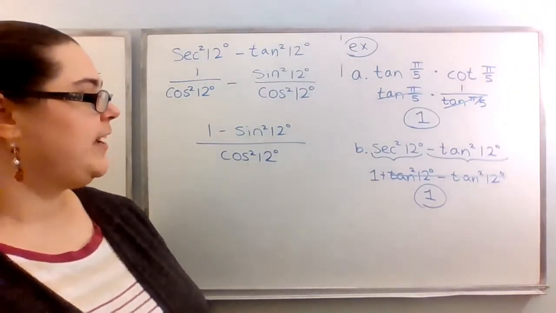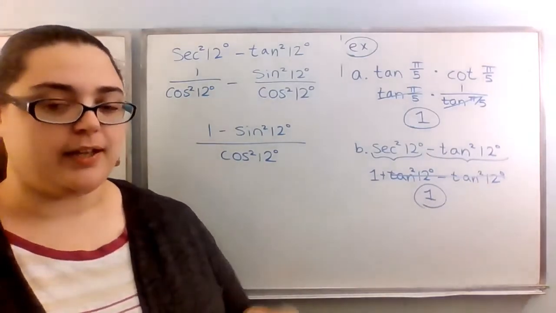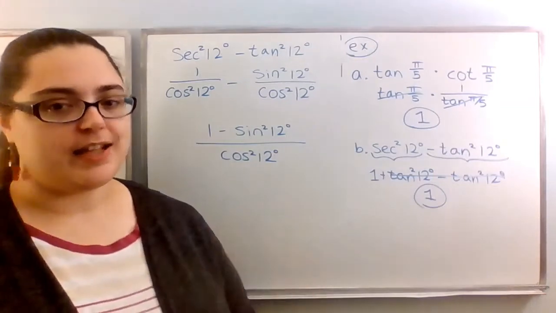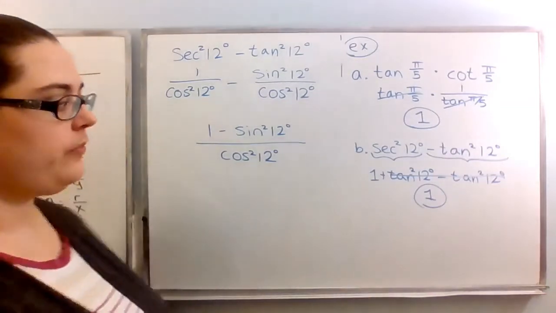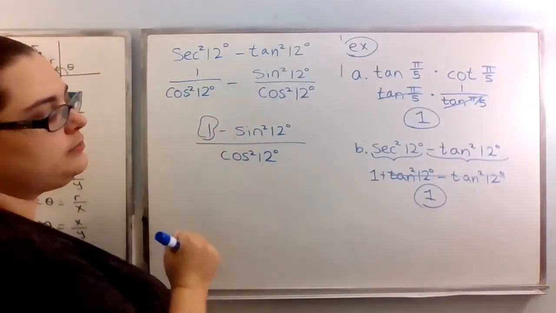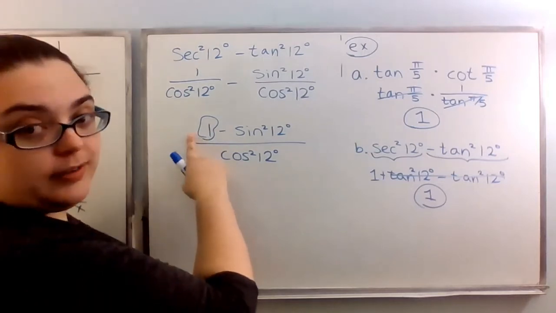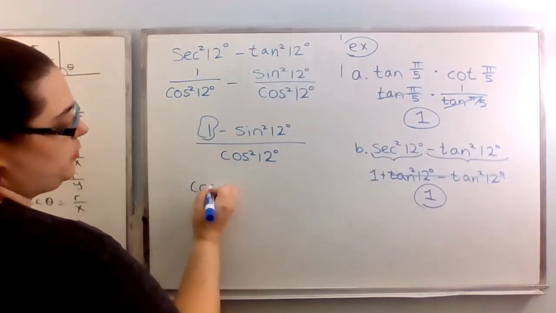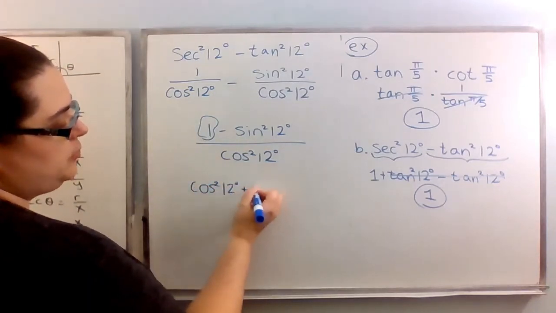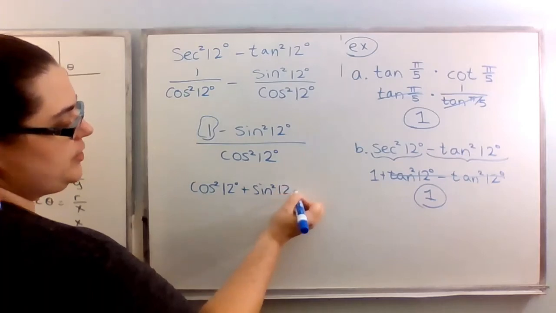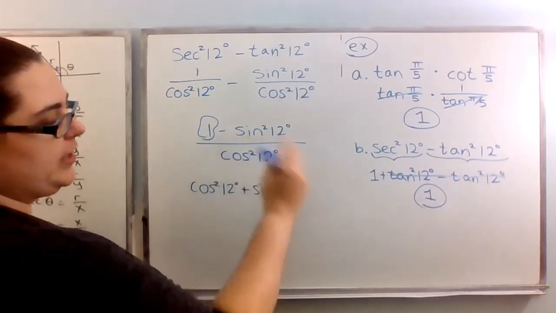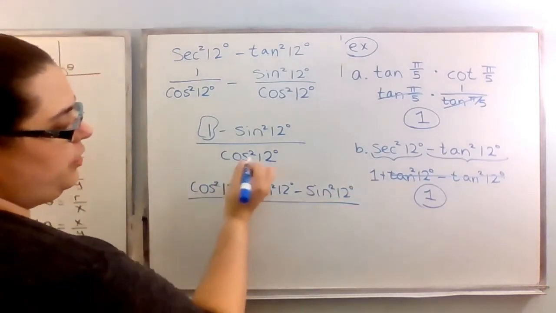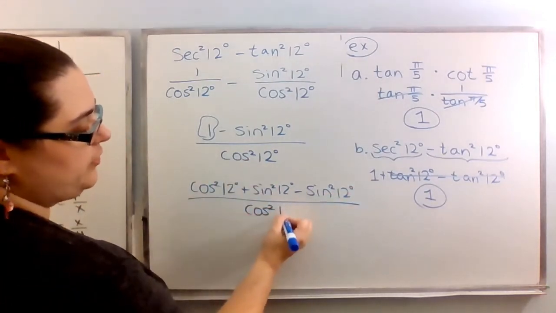Okay. Now I see squareds happening here. So with squareds, you always want to think of the Pythagorean identities, that sine squared plus cos squared is 1. So here I have 1, so I can rewrite 1 as cos squared 12 degrees plus sine squared 12 degrees. Then I have my minus sine squared 12 degrees over cosine squared 12 degrees.